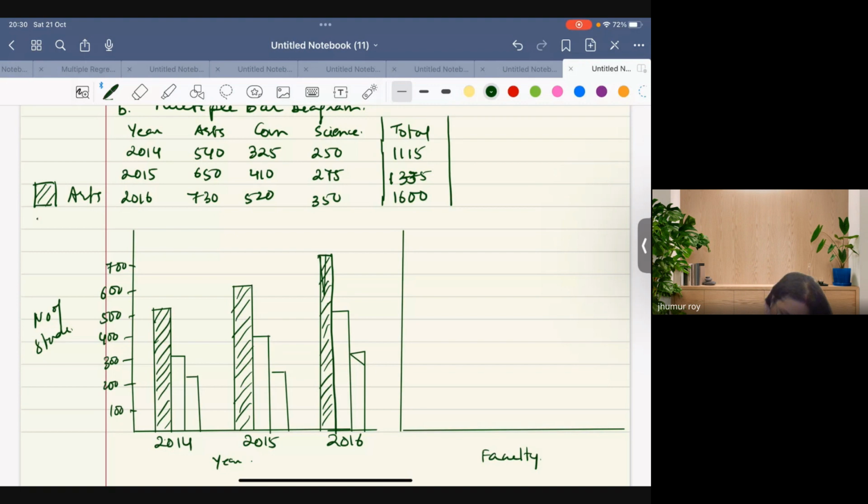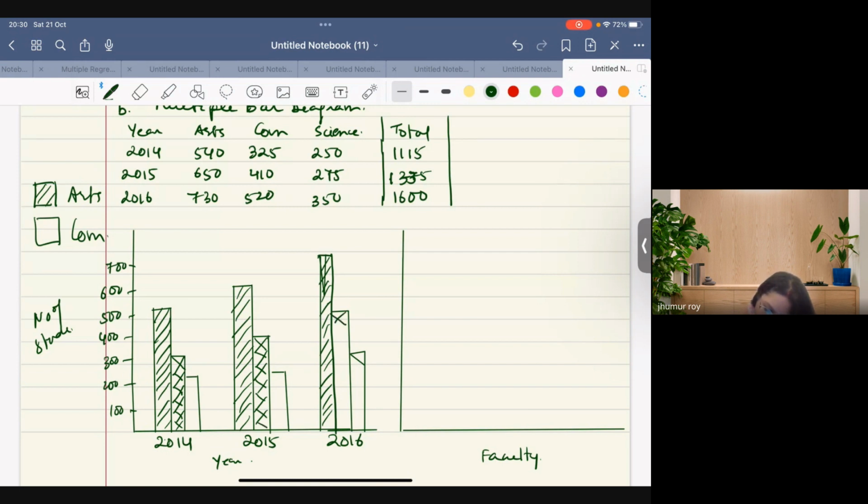Now after this, the second that I have is commerce. So under commerce, again, I will need something different. So suppose I make a cross like this to show that this bar represents commerce students. You can draw any pattern, does not matter. I'm just randomly drawing.